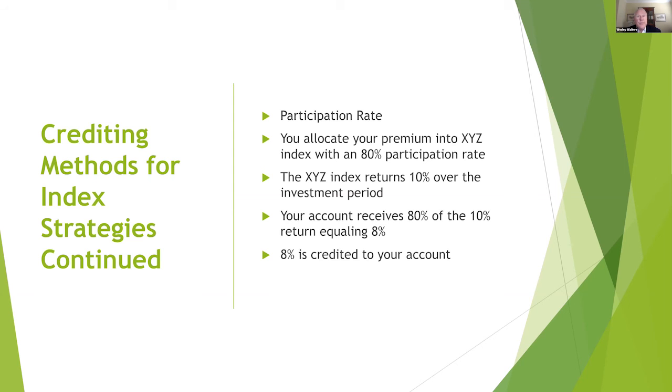If you had a 3% spread and the market went up 4%, you're only going to be credited 1%. That 3% comes off the top. And with an 80% participation rate, you'd be credited 3.2%. So it varies. All of these should be considered when making a selection.